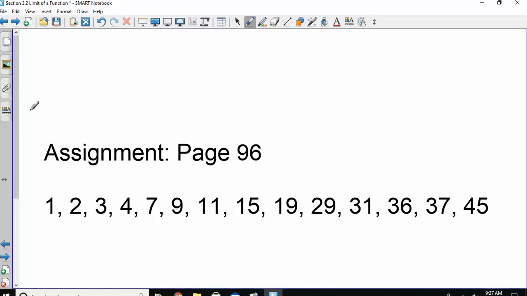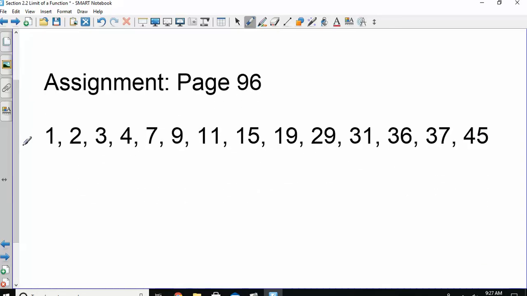So that is the end of this section. I think I wanted to make one change on this possibly.